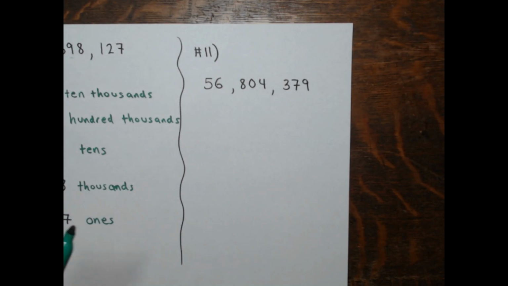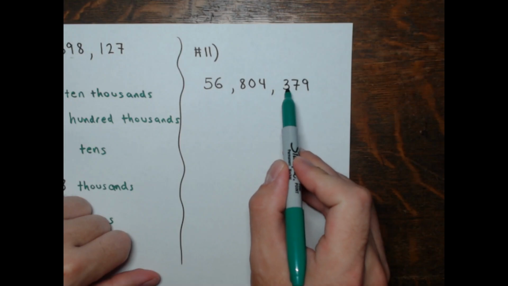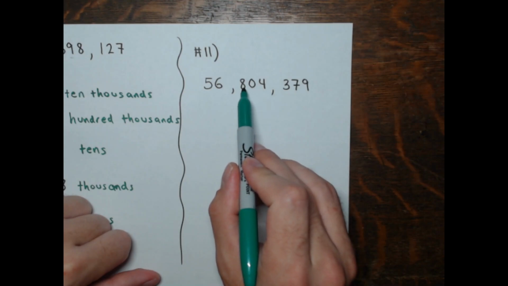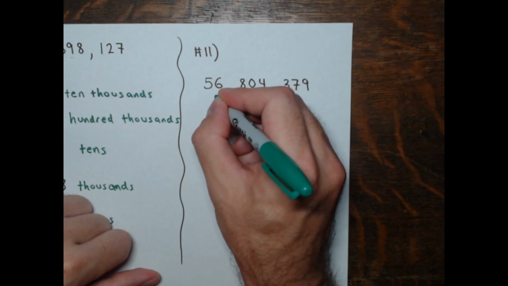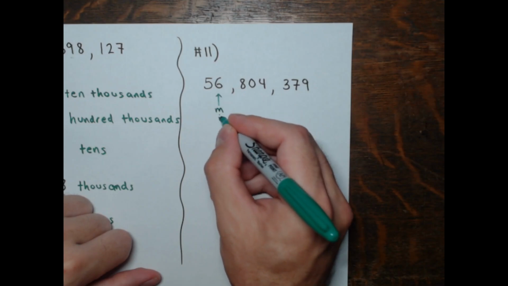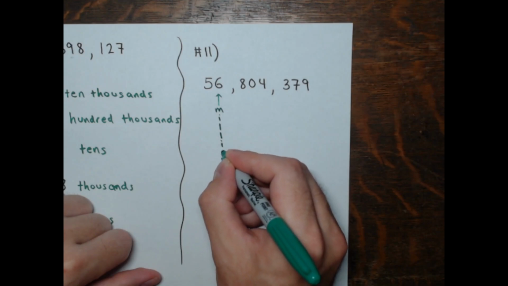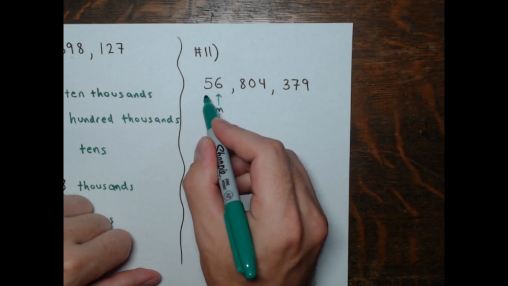So again, the ones we've seen already, the ones, the tens, the hundreds, the thousands, the 10,000s, the 100,000s. But then 10 times 100,000 is a million. So this 6 is in the millions place. And then 10 of that would be 10 millions.